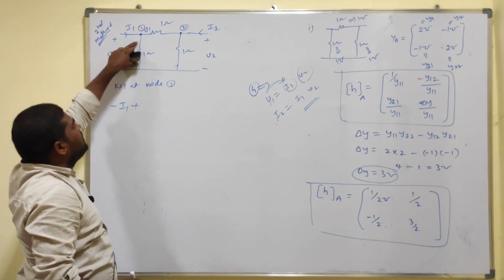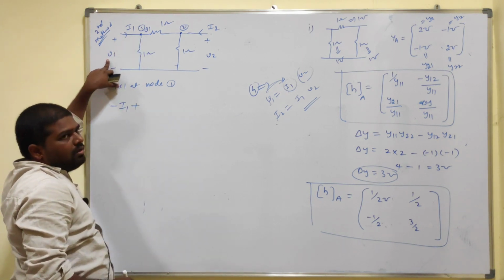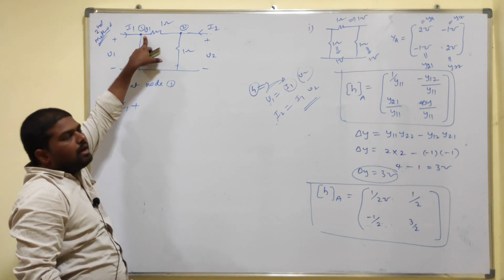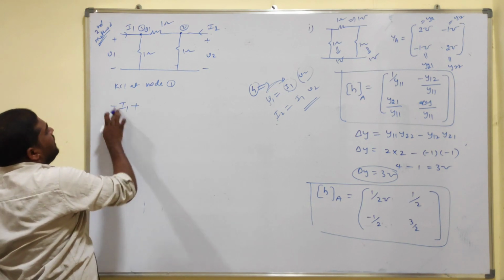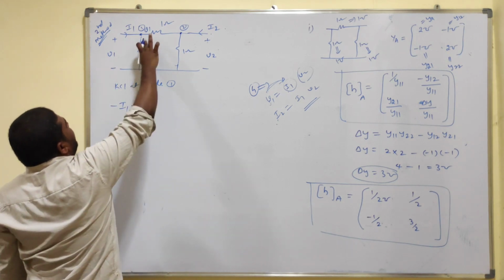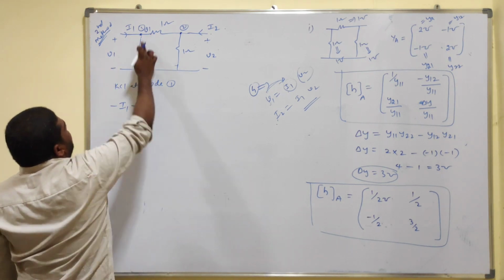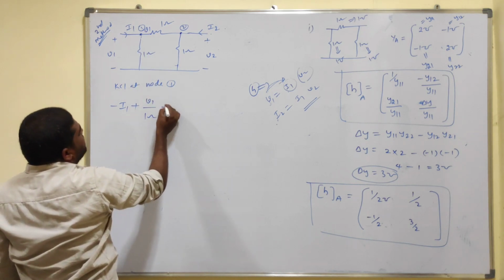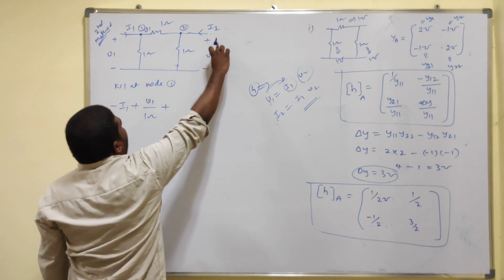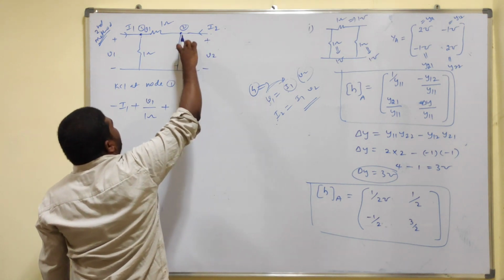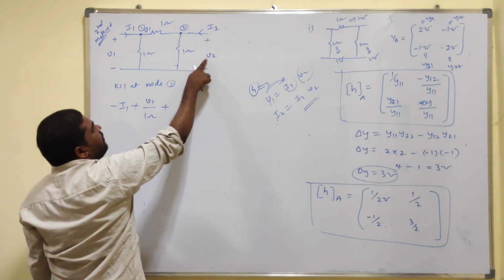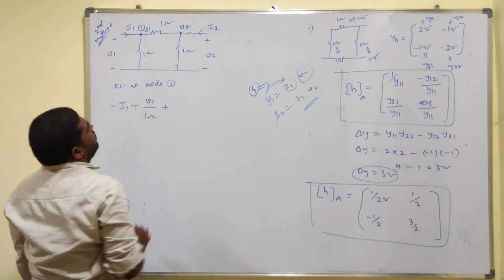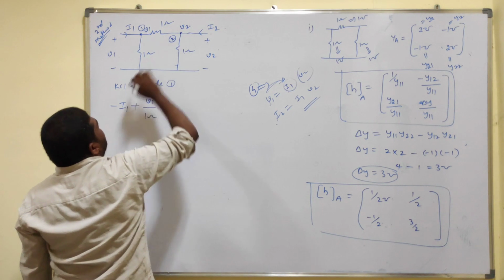So across this 1 Ω resistor the voltage drop equals V1, and the branch current equals V1 by 1 Ω. Next, here the node voltage is V1, and here the node voltage is V2, because across this 1 Ω resistor the voltage drop equals V2. So at node 2 we have the node voltage V2.